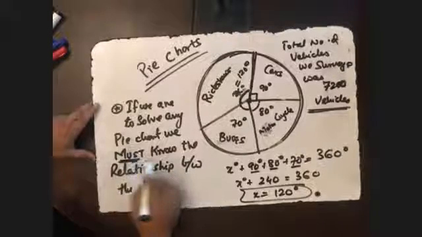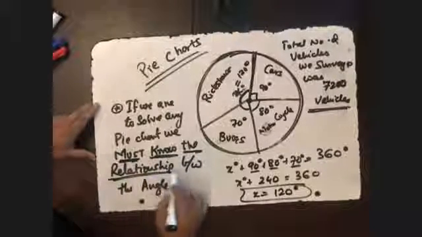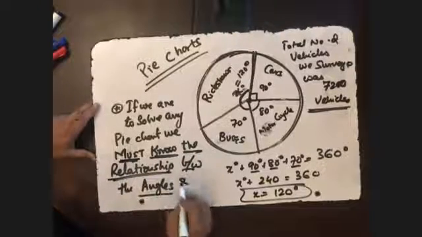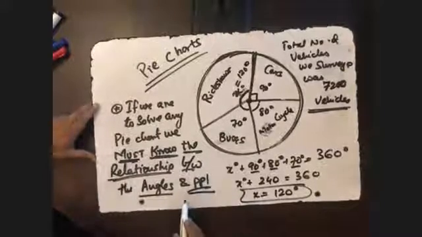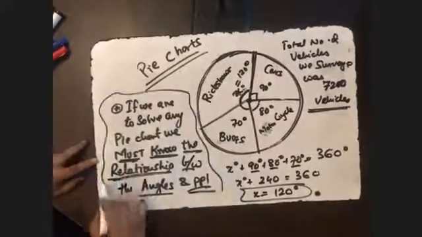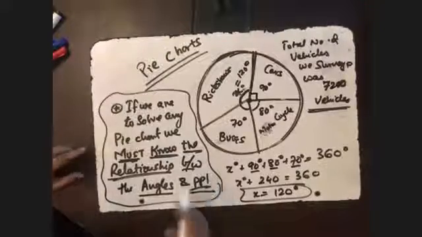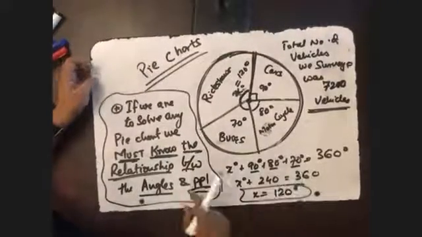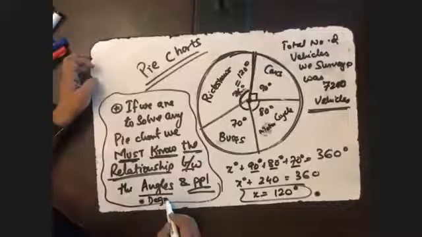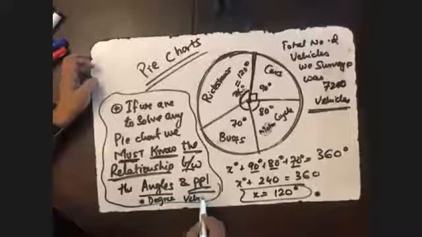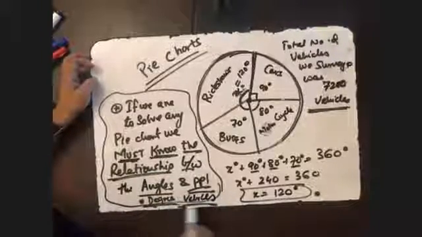We must know the relationship between angles and people, or degrees and vehicles. So if you know the relationship between degrees and vehicles, then you can solve the question.